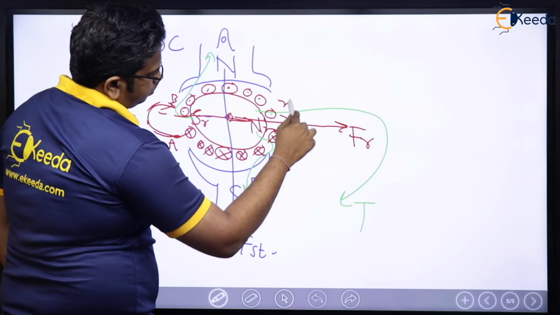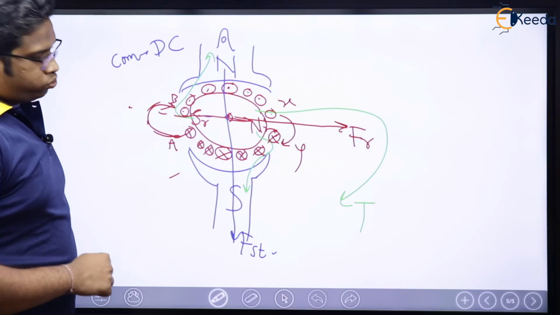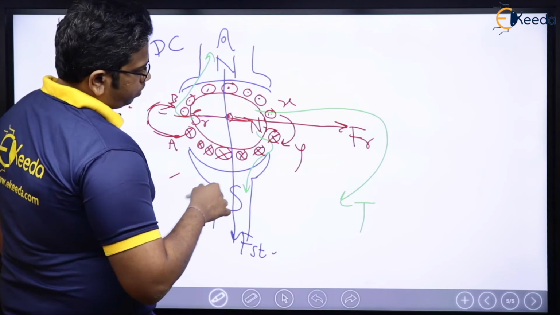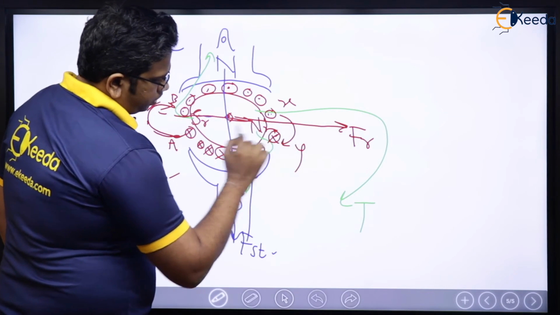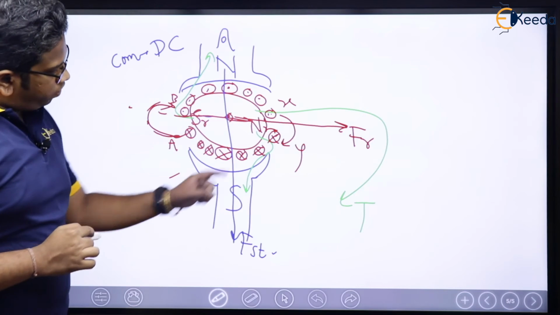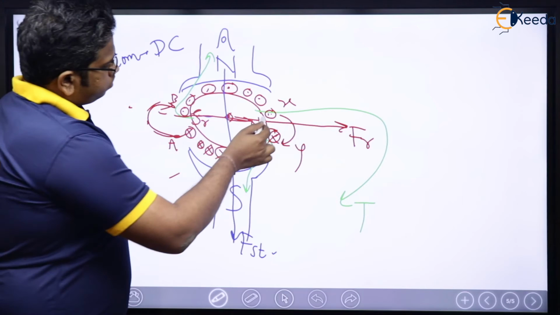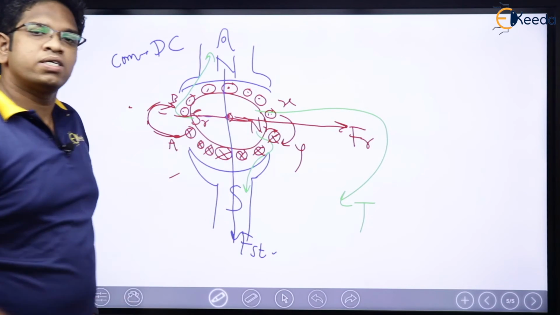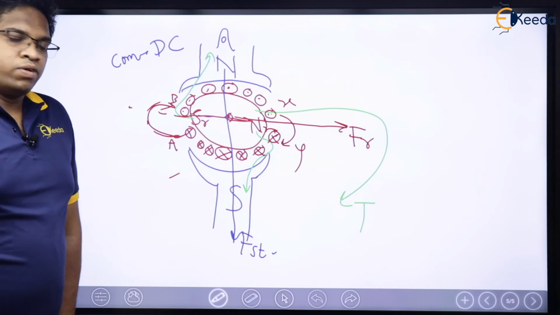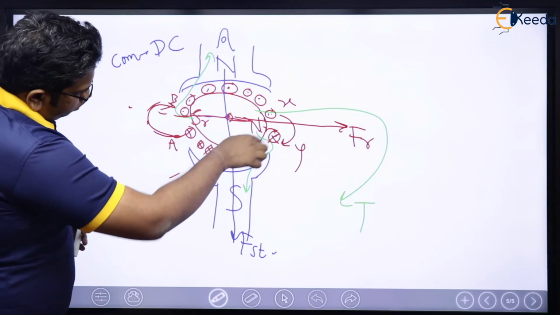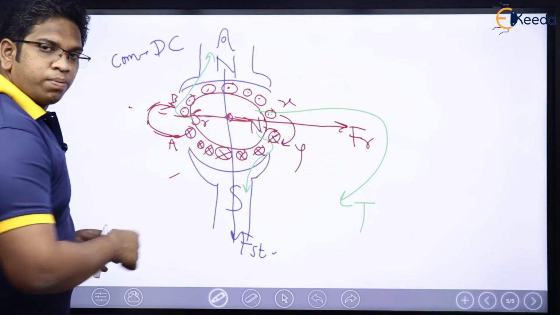Let us say this conductor is X, this conductor is Y. So here there was dot in X. Now what will happen when this conductor comes here in the place of Y? When X comes in place of Y, this dot will also be dot here. Which means when this goes on rotating, all these portions will simultaneously become dot.